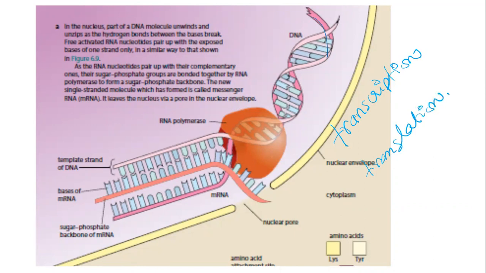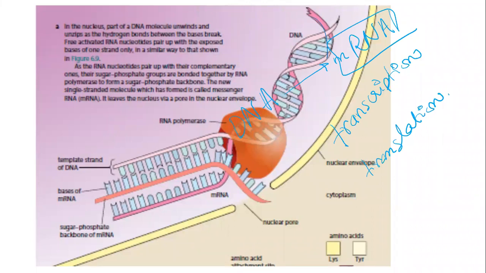Transcription is when you are transcribing or copying the DNA and using it to make a messenger RNA. By the way, there are multiple types of RNA: messenger RNA, ribosomal RNA, and multiple different types that you will understand if you ever decide to do it at a postgraduate level. So we have messenger RNA, and another form of RNA is ribosomal RNA.